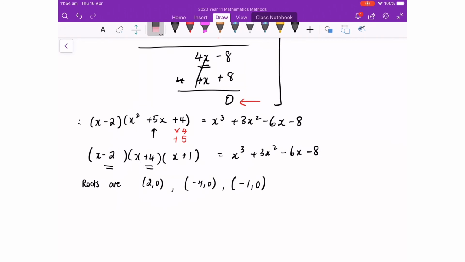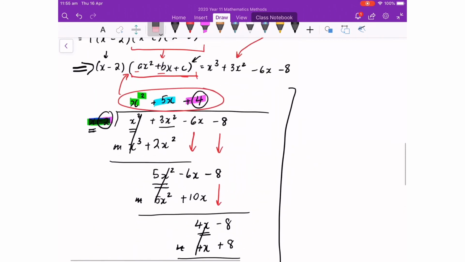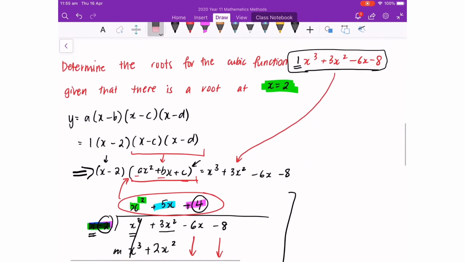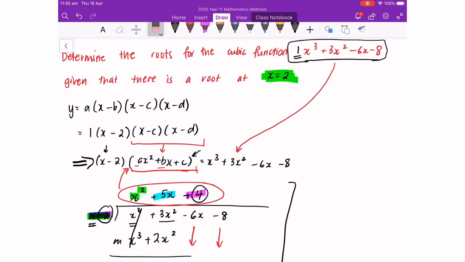So let's double check and see what we've done so far as a recap. Determine the roots for the cubic function, and you're given 1 root. What you're going to do first is put in that root as one of your brackets, and you're going to work out the next 2 here.